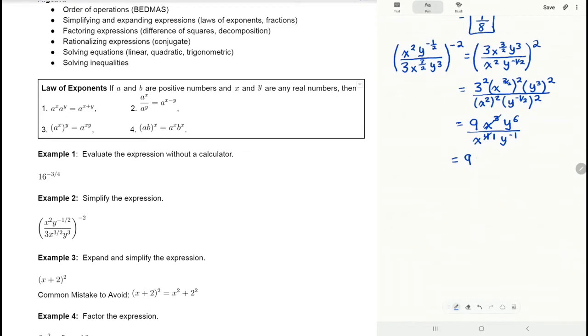So here we have y to the power of 6 times y to the power of 1, and that's all divided by x. Now we'll use the first law of exponents, where we can add the exponents together. So that gives us 9 times y to the power of 7 divided by x.